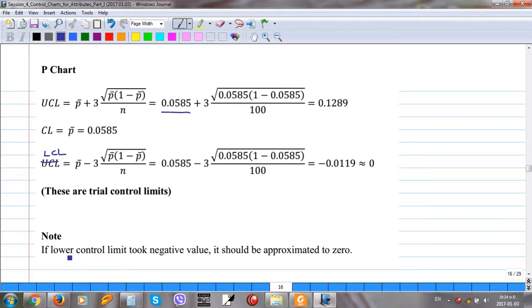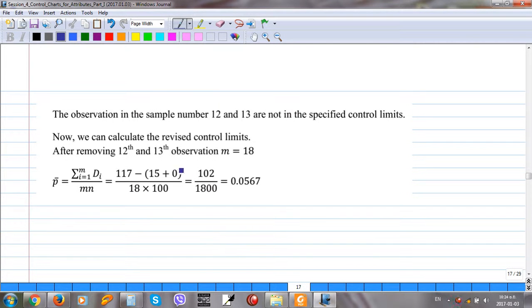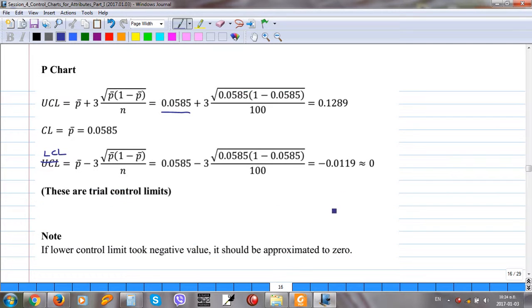Note, if the lower control limit takes a negative value, it should be approximated to 0, not the negative value. Remember that. Now we found the upper control limit and this 0 is the lower control limit.